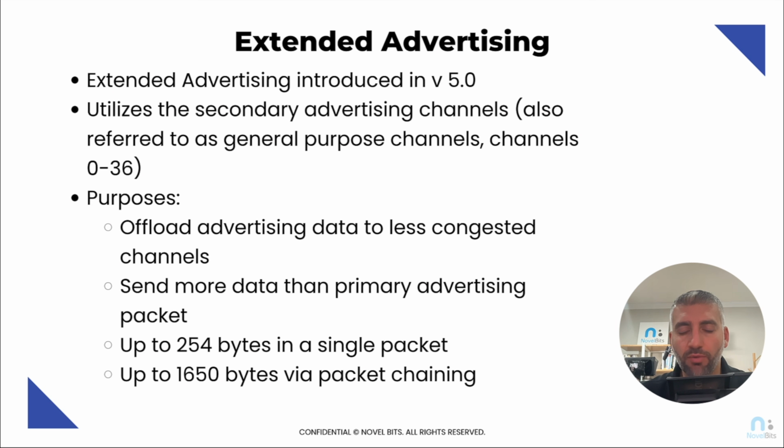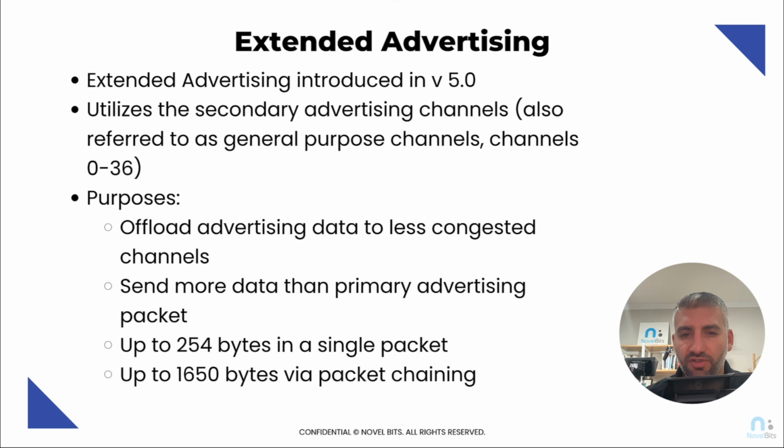Now, it still requires that you use those legacy advertising channels in the beginning. So the primary advertising channels 37, 38, and 39 will still be used, and we'll see the mechanism behind that. But then a lot of the actual advertising data will be sent on the remaining channels, the general purpose channels 0 to 36. So the main reason behind introducing this was to offload the advertising data to less congested channels.